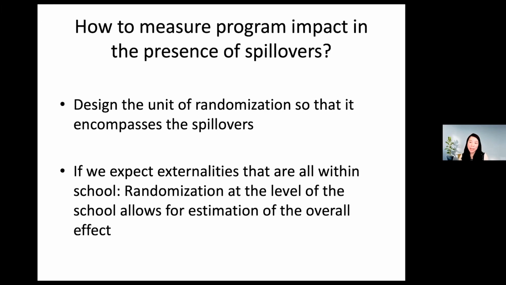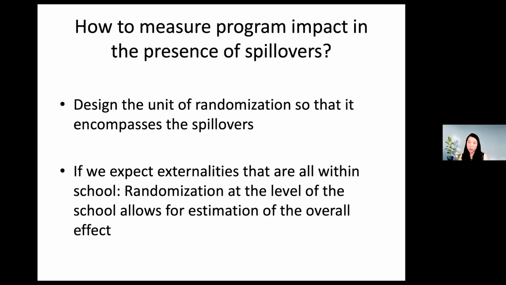So that's why when we design the experiment, we have to think carefully about the unit of randomization. So usually, if we expect that the spillover will happen within a school, then we can move to a higher level to do the randomization.